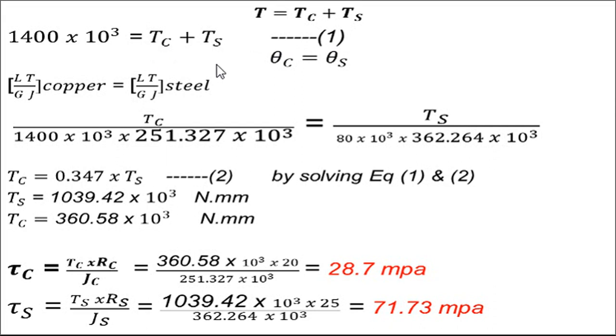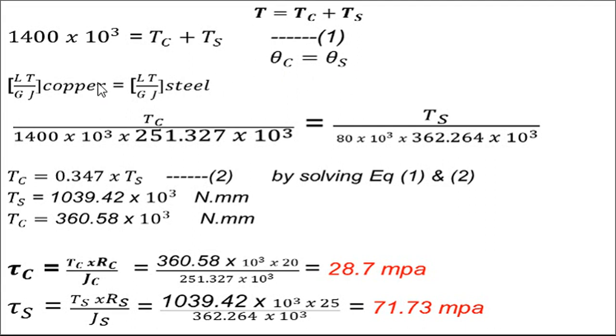As we know, the torsional deformation, or angle of twist, is equal in the composite shaft. So theta C is the angle of twist for the copper shaft, and theta S is the angle of twist for the steel tube.